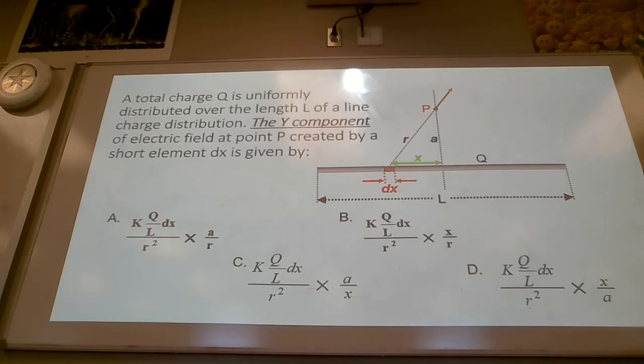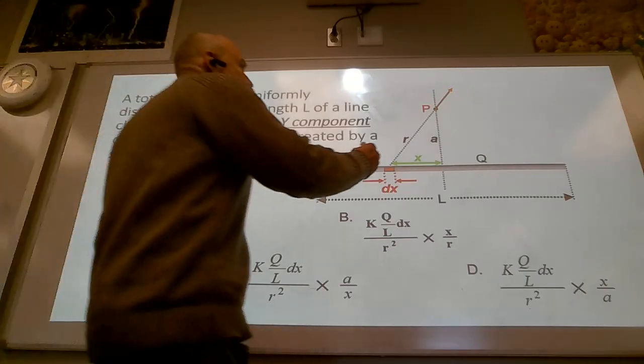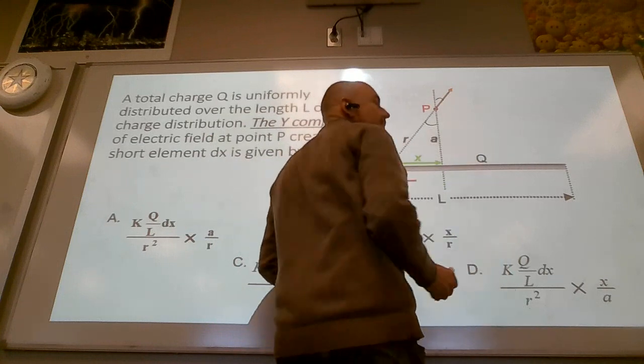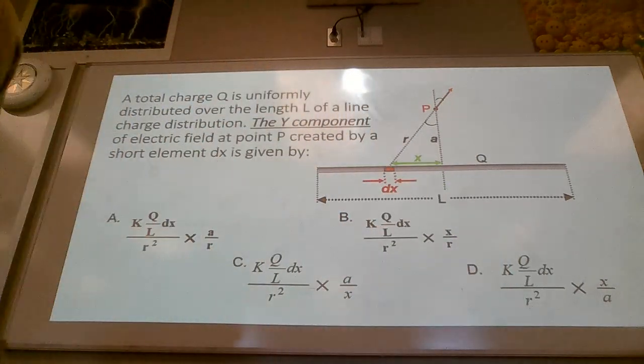Which trig function are we using? Cosine. I want the vertical component. I'm going to look at this angle from the vertical, because this angle is that angle. So I'm looking at cosine of that angle: adjacent over hypotenuse. Good?